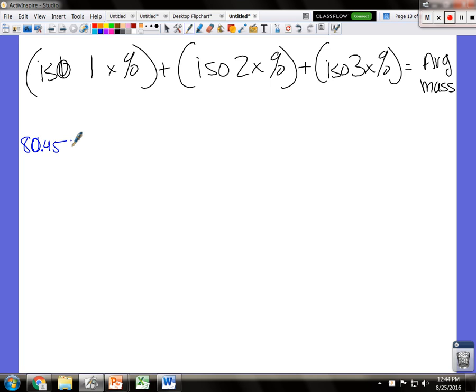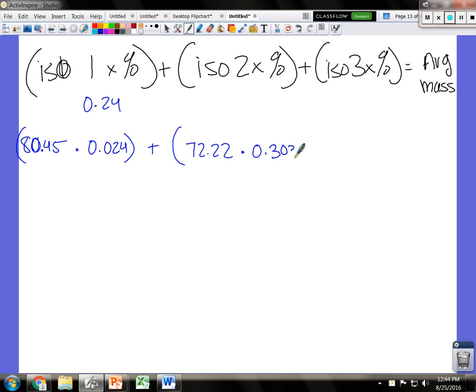Now, I'm begging you, and I know that this is going to happen. I see people do it every year. I see people write 0.24. It should be 0.024. I know that's easy to do, but you have to make sure you move the decimal 2 places, not 1. Plus, what's the mass of isotope 2? And what's its percent?